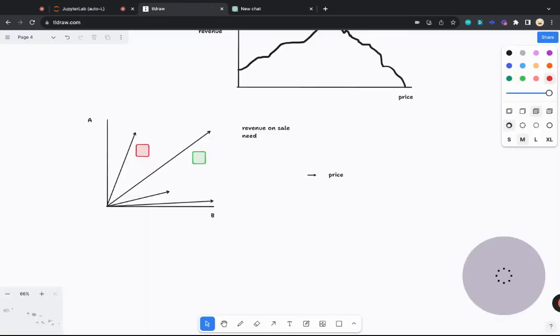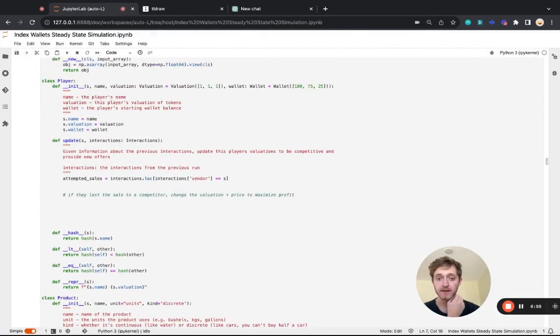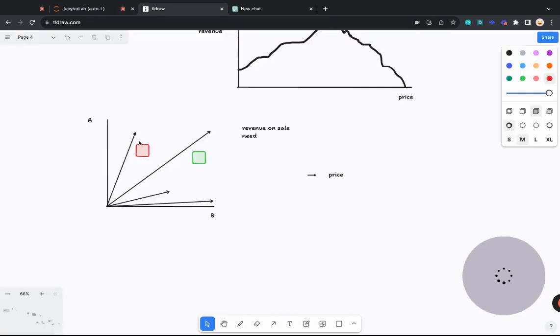Okay, and they need to know their valuation and their demand. For now, we're going to simplify things because we're going to assume.